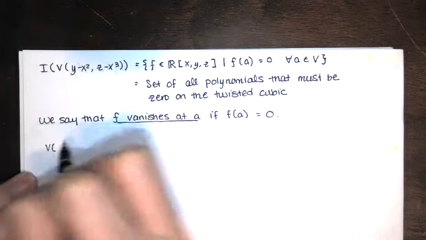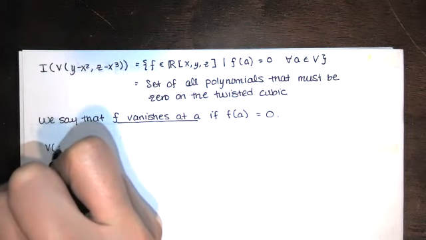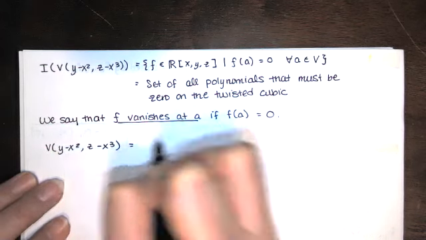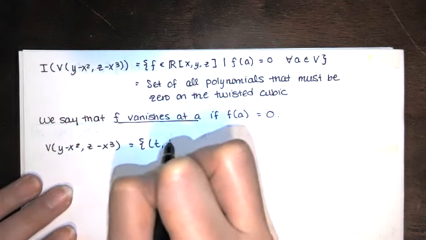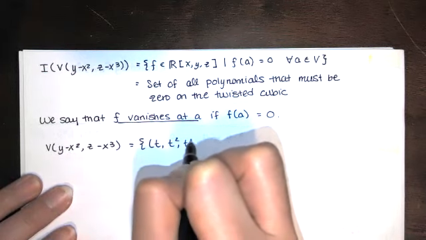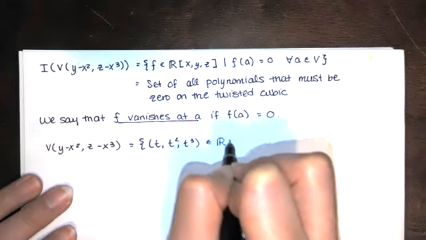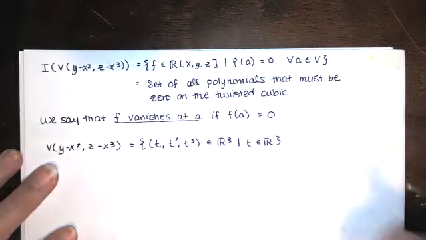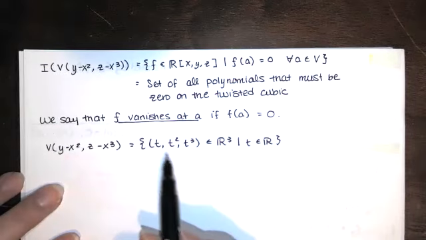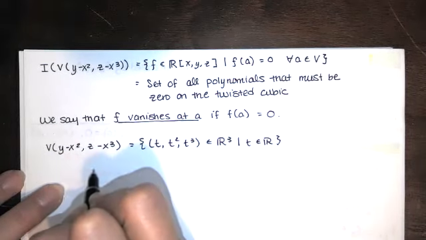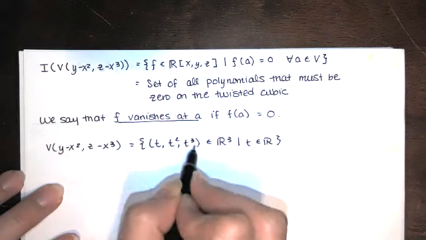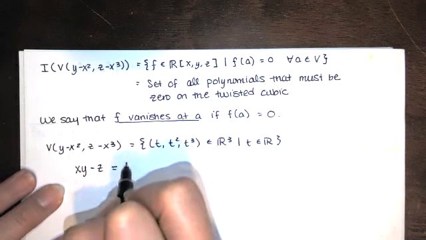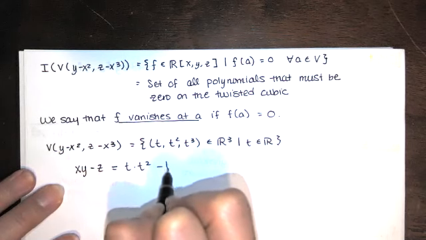Because we know that the variety is a curve in three-dimensional space, we can see that, let's say, x times y minus z is given by t times t squared minus t cubed.